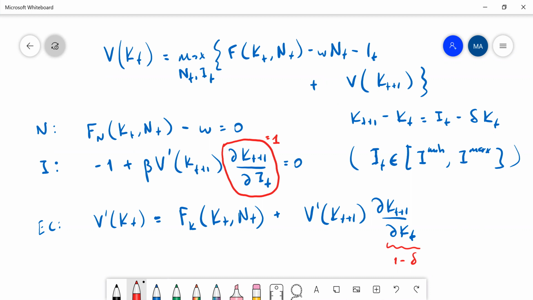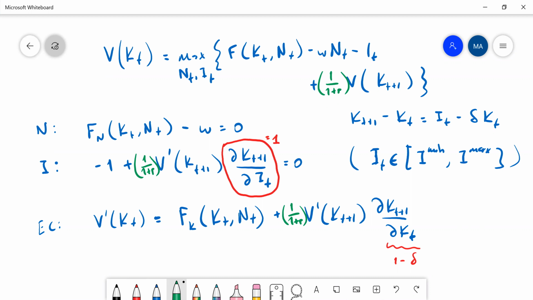Sorry. So this is, remember, 1 over 1 plus r, okay? And this one is also 1 over 1 plus r, all right? You must be careful with these things.